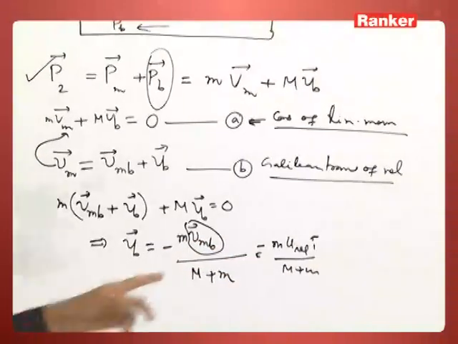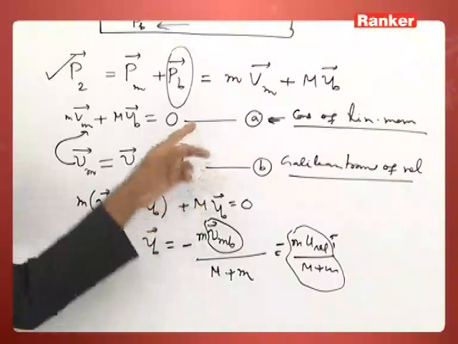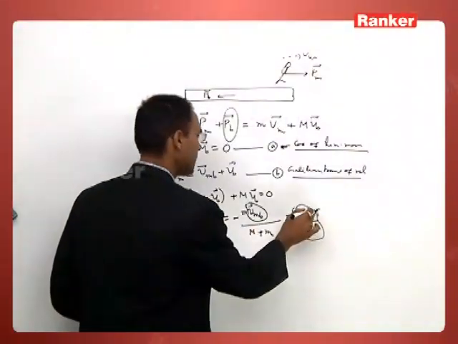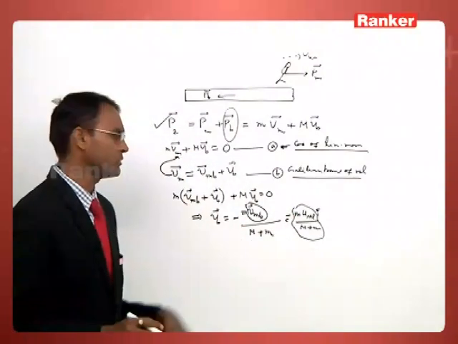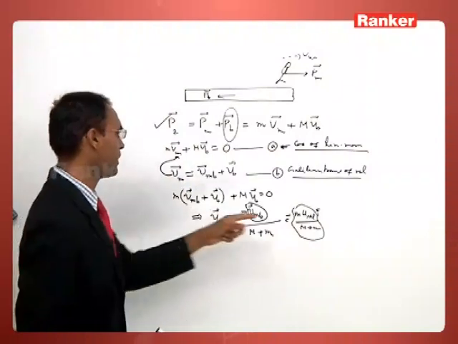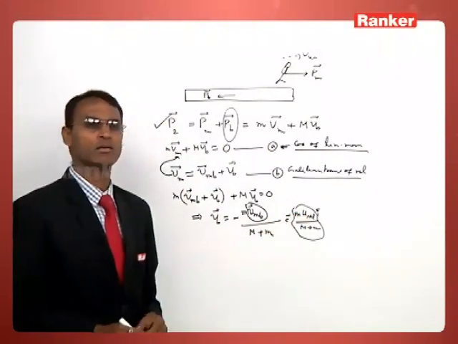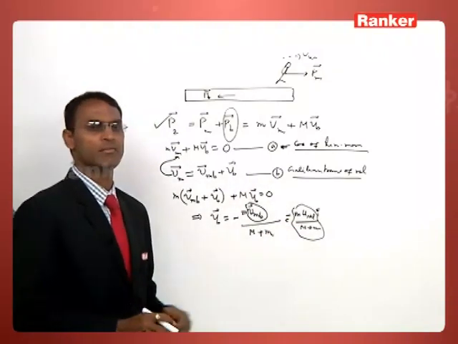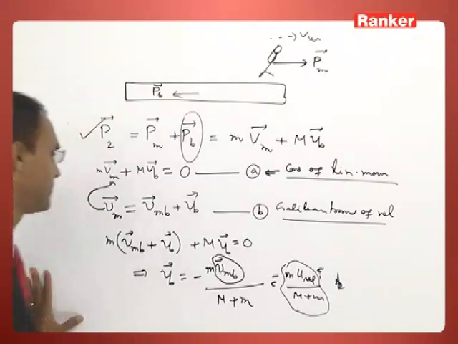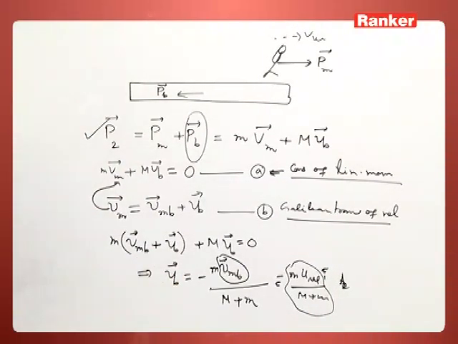This gives us both magnitude of the velocity of the boat and direction minus I cap, that is backward direction. This physically signifies that the boat is recoiled back with a velocity small m into u relative upon capital M plus small m. Answer. You can pose next question.